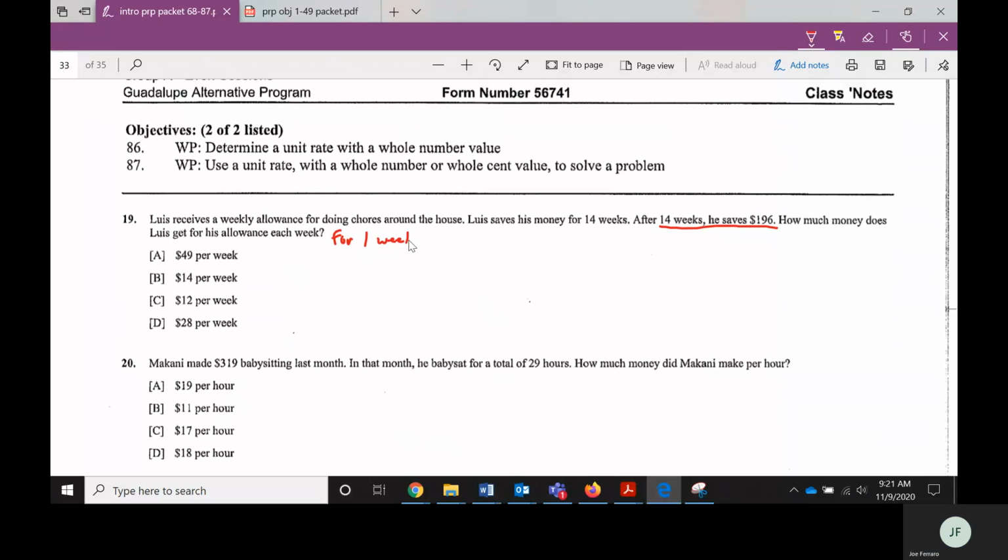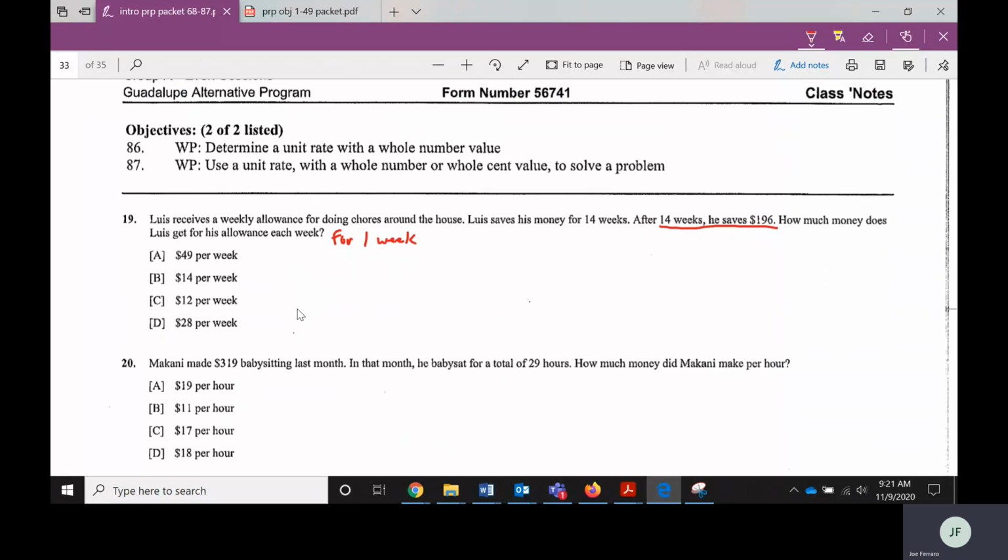If they say each or per, that means for 1. So the known pair is 14 weeks, we get $196, and we want to know what that is for 1. I'm going to do it the proportion way first.